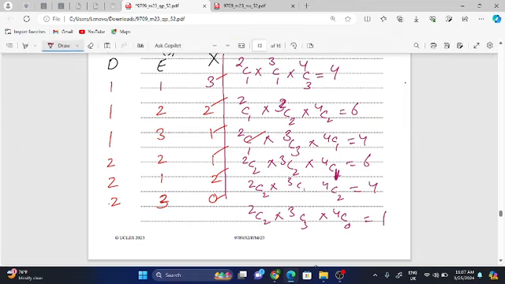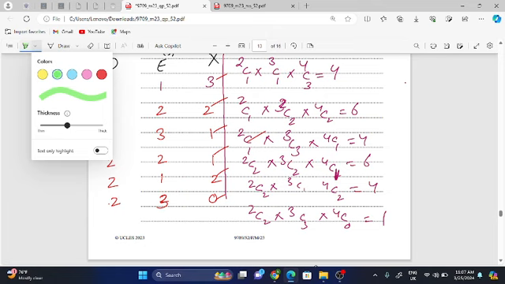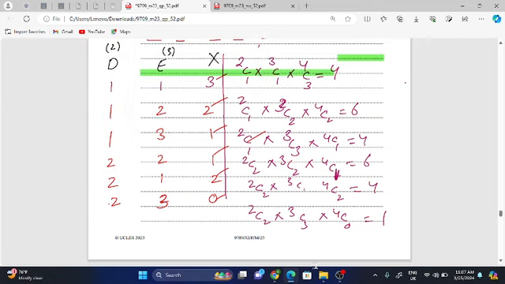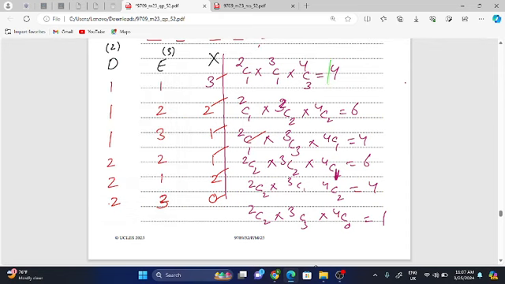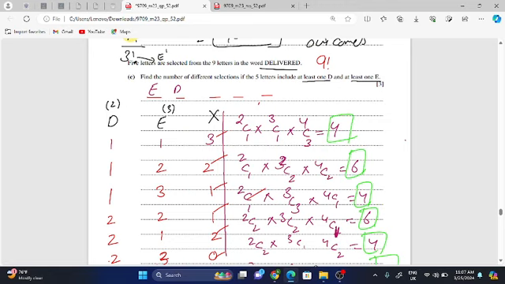Now you have to add up all these terms together that I'm going to highlight with a green marker. This one, this one, this one, this one, this one, this one, this and this. Add up all these possible combinations together.